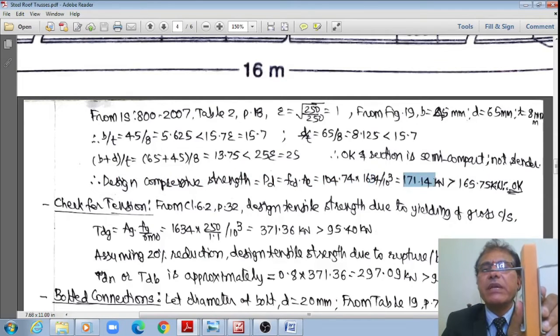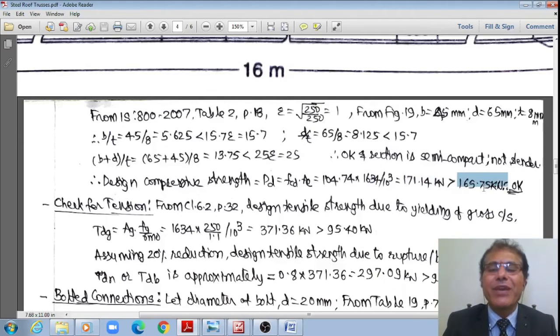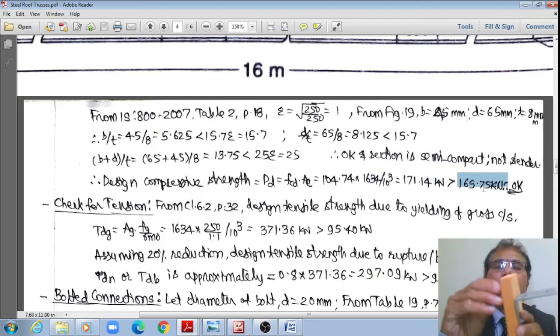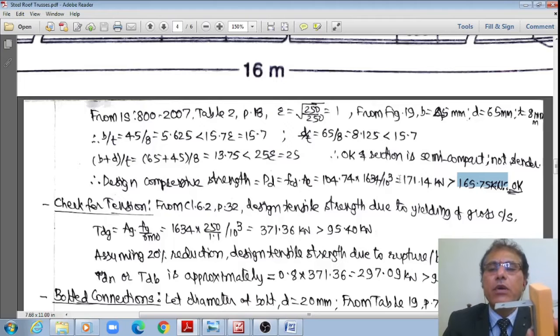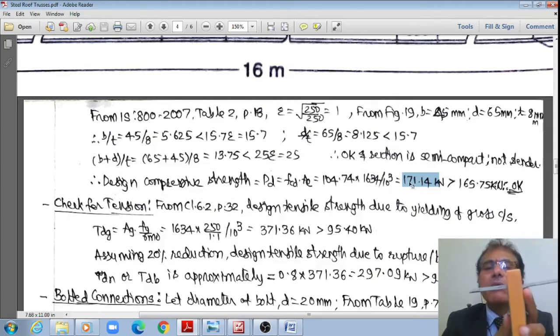It works out, say, 171.14 kilonewton, which is just greater than 165.75 kilonewton. You please see, I have just provided the required section. Had you taken the higher section, it might have gone up to even 198 or 200 kilonewton. I have just chosen an optimized section, therefore it is okay from the compression point of view.